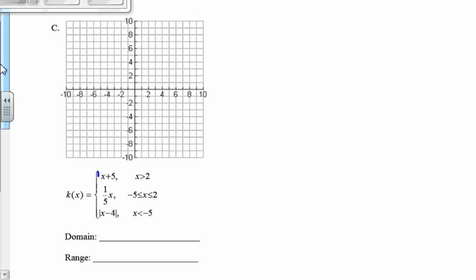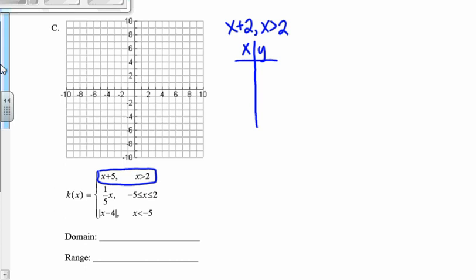starting with this first line. So this is a linear function, x plus 2. All right, so we start our table at the x value of 2, since that's what's in the inequality. And it says x is greater than 2, so picking some numbers bigger than 2. And then we plug them into the equation.